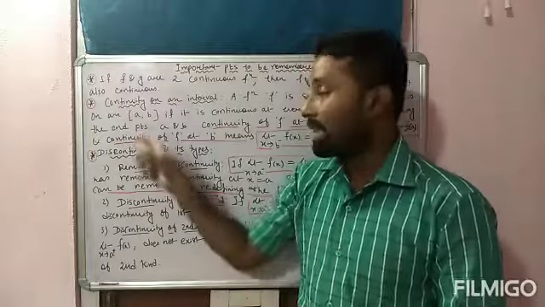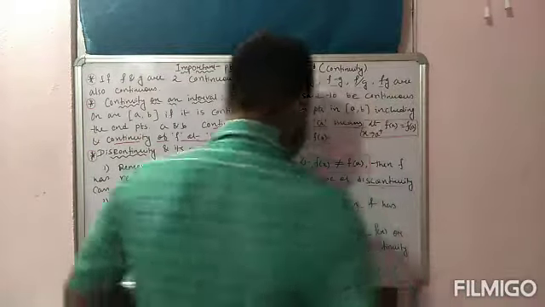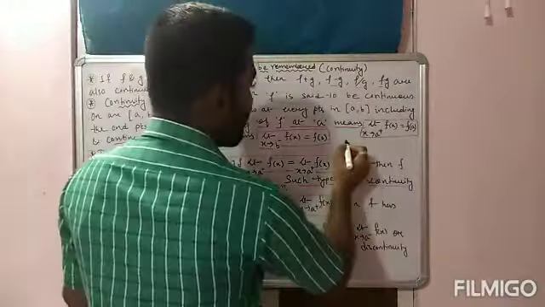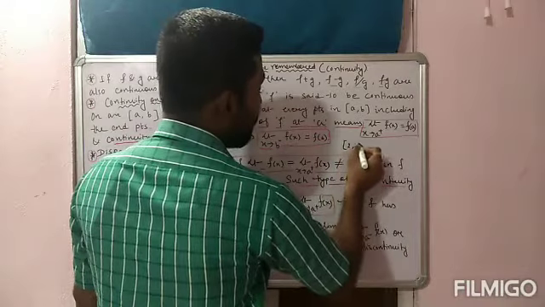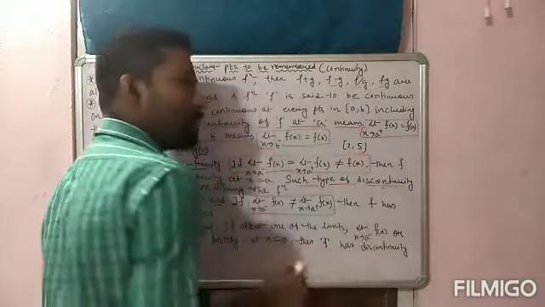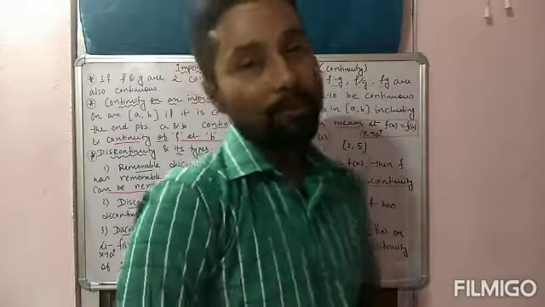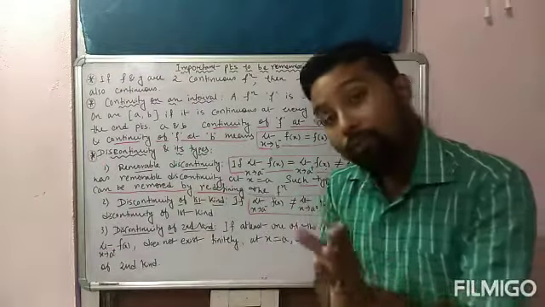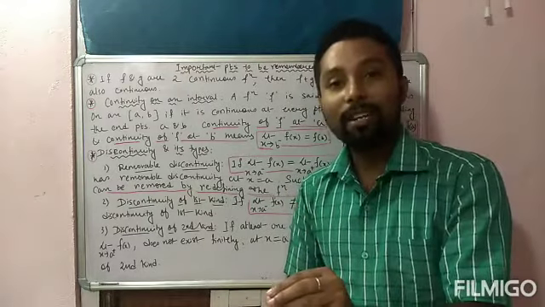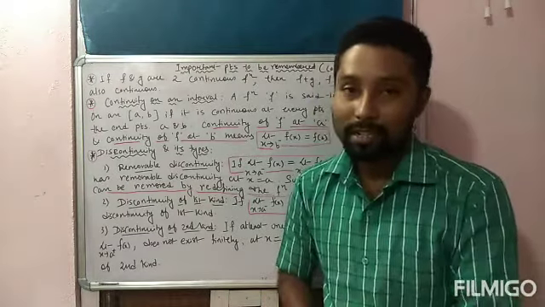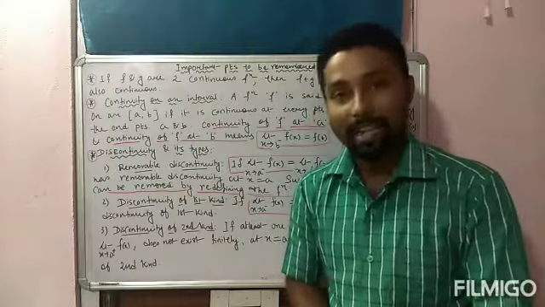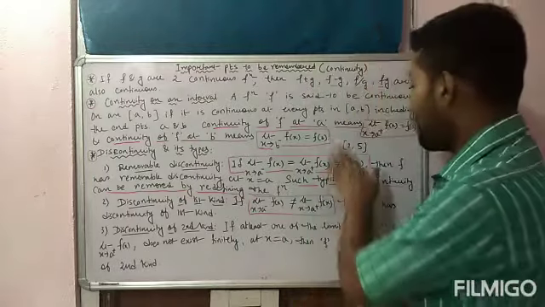Yes, a और b के बीच में, for example, say if I write 2,5 close bracket, so in between 2 and 5 say 2.5, 3, 4, these points are there. So how to check continuity or discontinuity at that particular point, that one I discussed in the last class. So वही मैंने बताया, ठीक है.